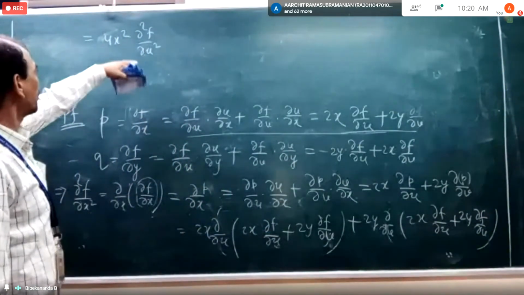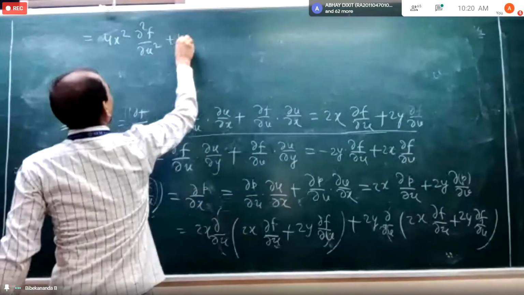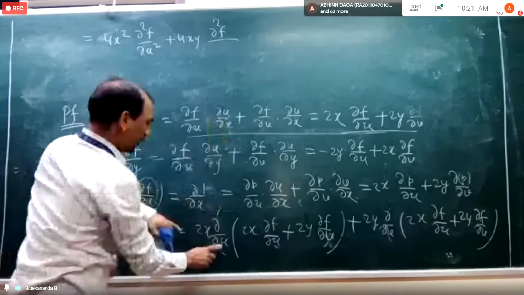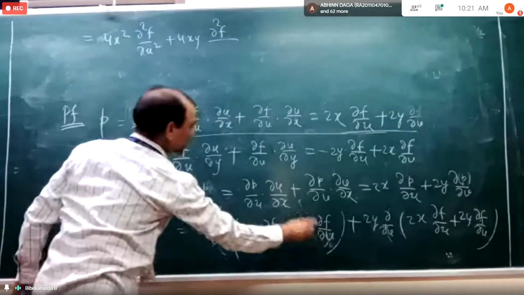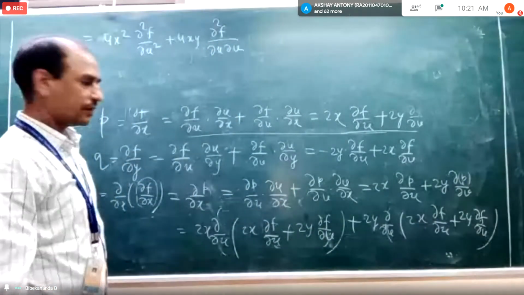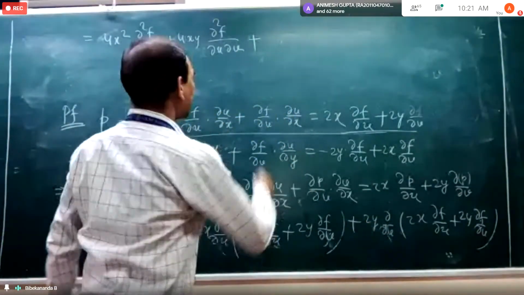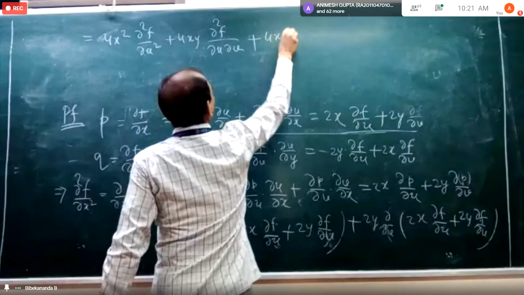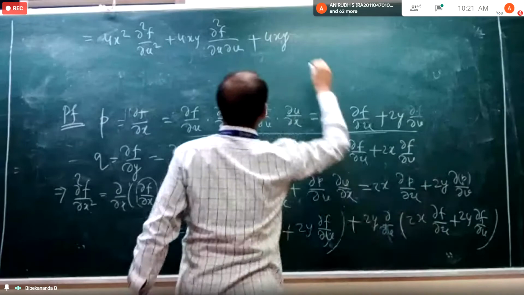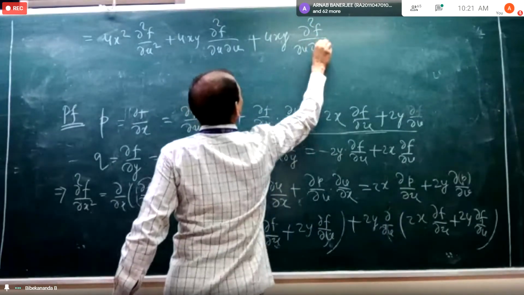So what is the thing? 4x² ∂²f/∂u². And the next one will be plus 4xy ∂²f. We are having derivative with respect to u as well as v, so we can say ∂u ∂v. Okay. Plus what will be the next term? 4xy, and then this is with respect to v, this is with respect to u: ∂²f/∂v∂u.